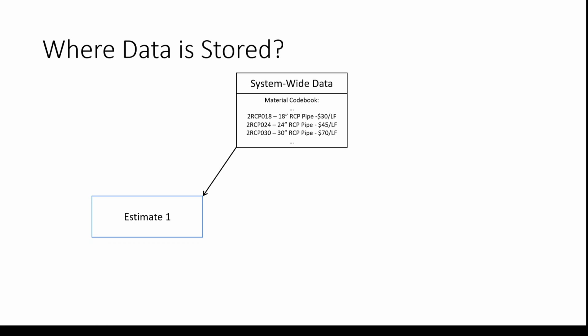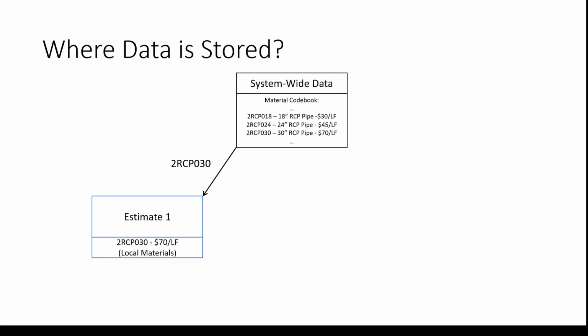I have 18-inch RCP, and the 30-inch RCP. I'm going to bring that into my estimate, and it brings it into my local codebook, because it only makes sense that I have a local codebook since I need to change a price, but I don't want the price to change in my system-wide. I want it to remain 70.